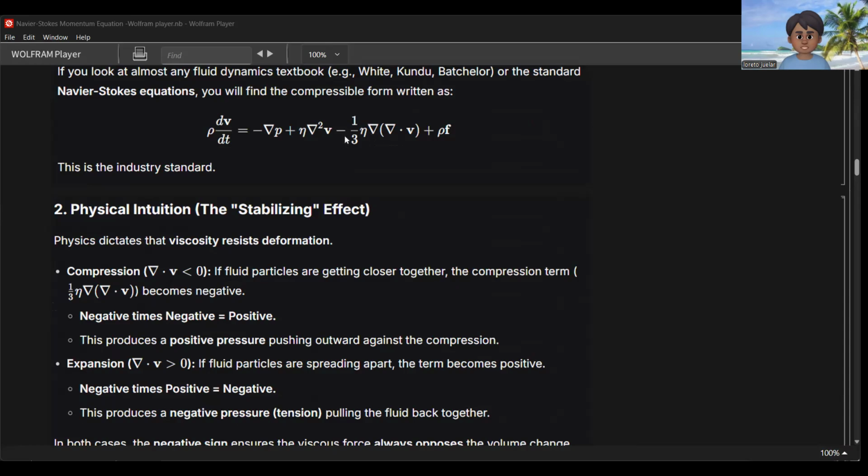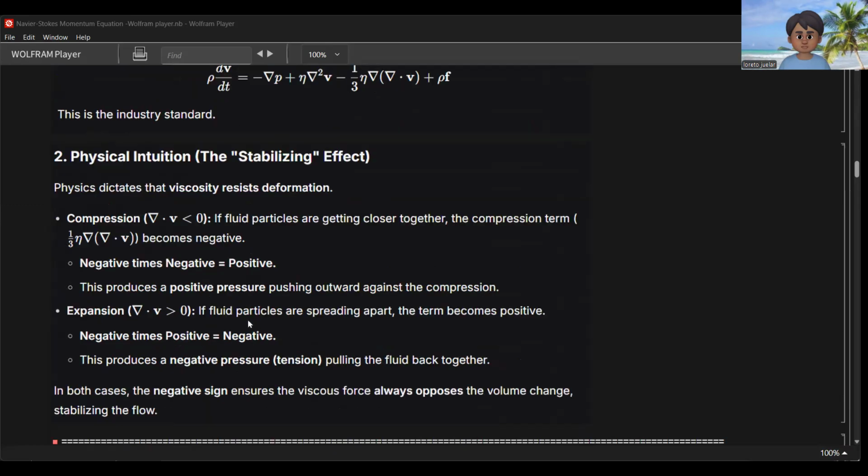So we have the negative here times this, which is also negative because it decreases. So this becomes positive.